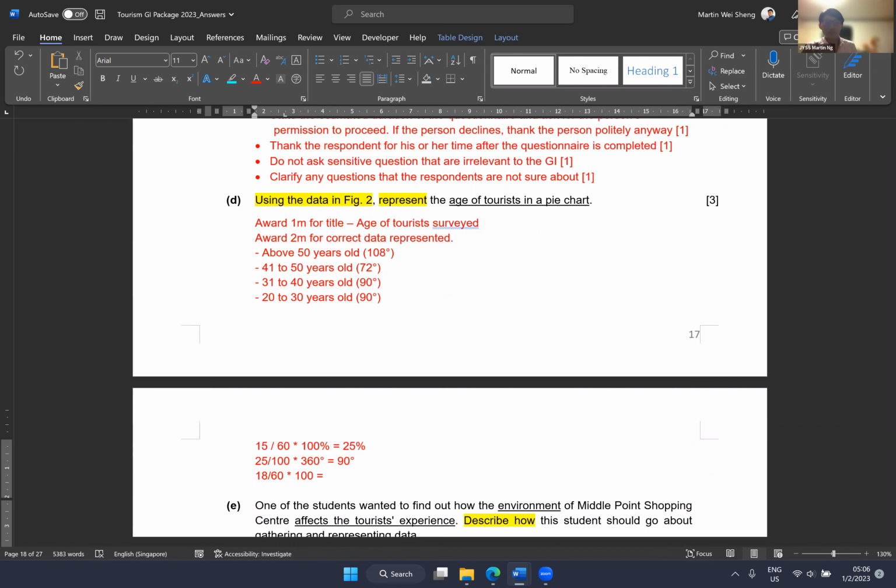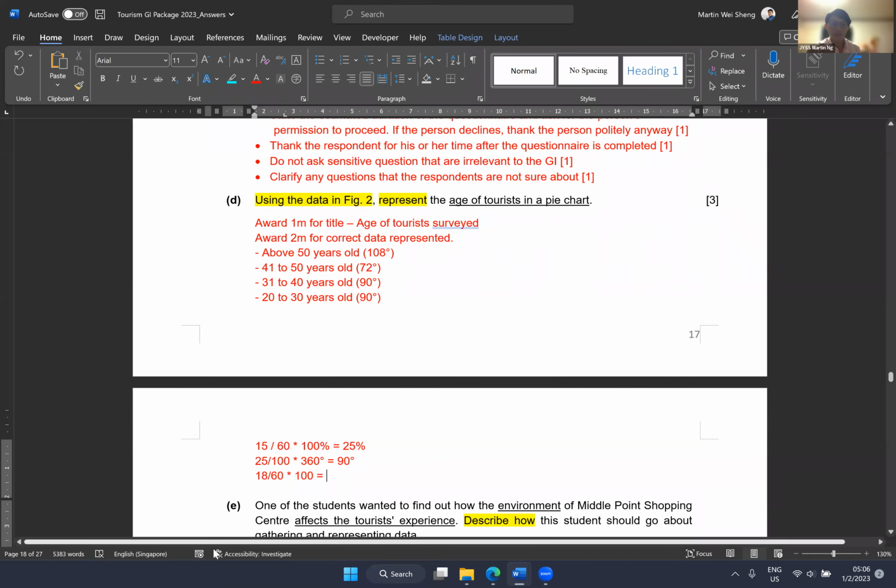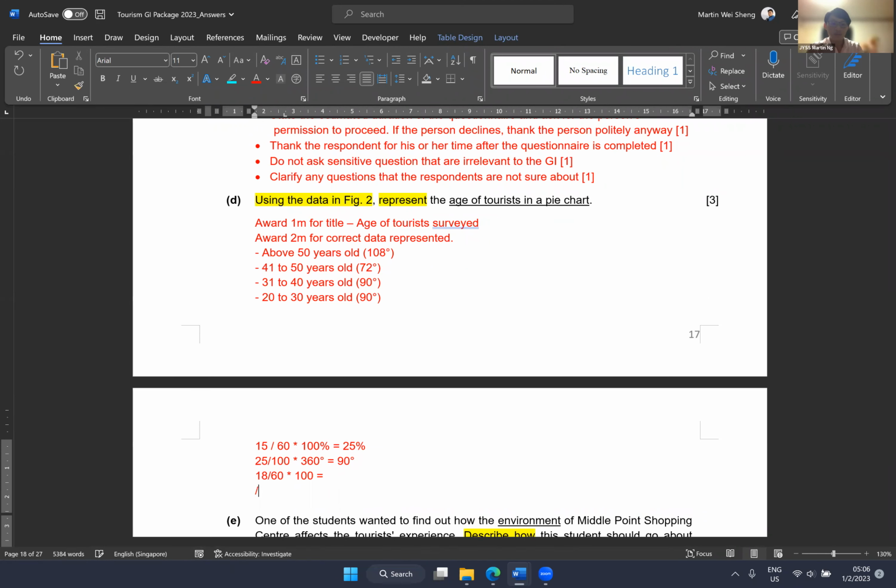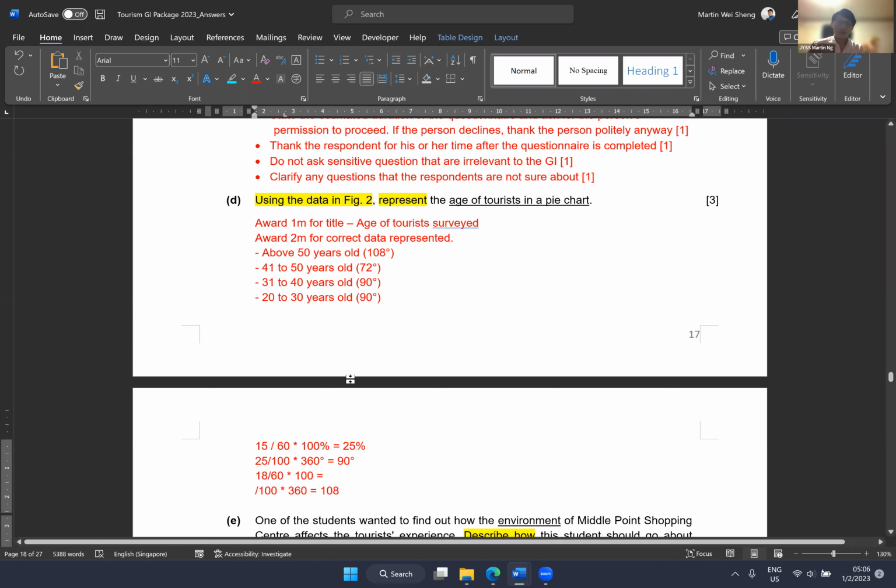This would give me something like, I don't have my calculator over here, but you can do the math, then you can take the answer from here over 100% times 360 degrees, which would give you 108 degrees. All right, so this is how you do your calculation.